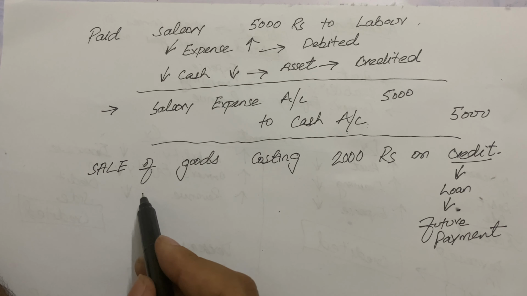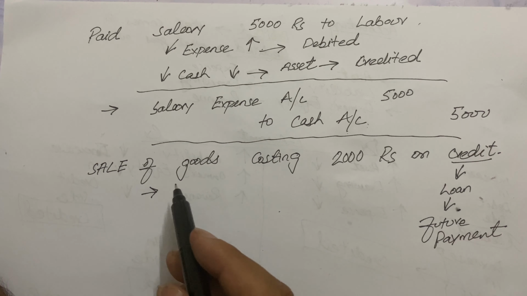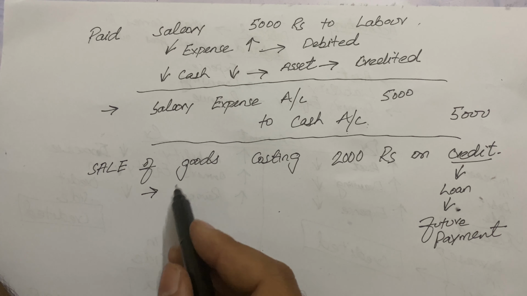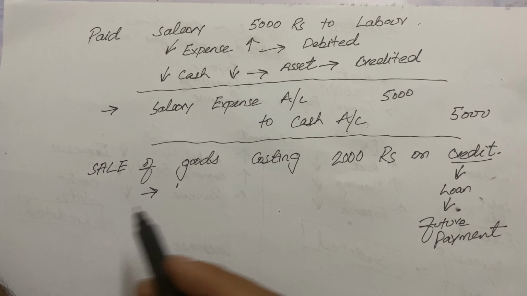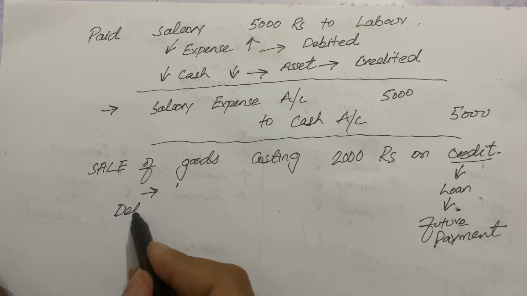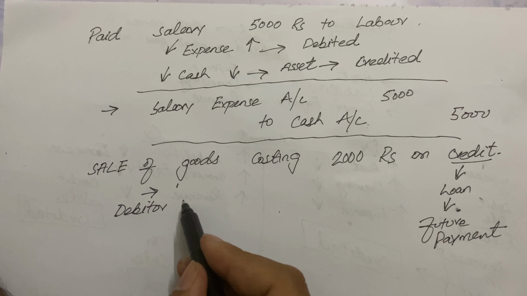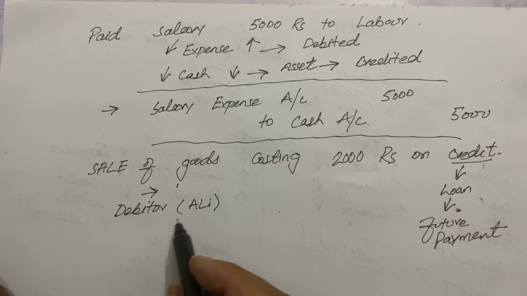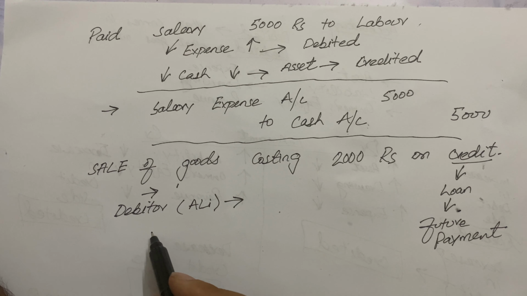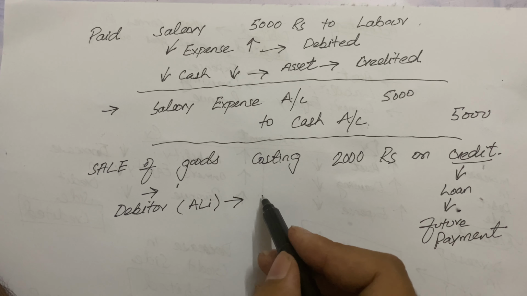When we sell something on credit, we will always call that person a debtor. Let us suppose we mention debtor Ali, his name. Debtors are the persons who have to pay us, so they are our receivables basically.